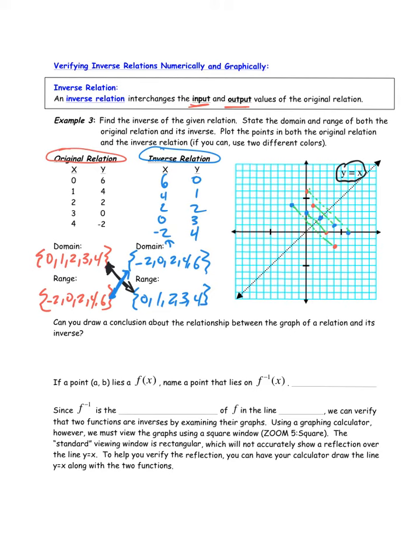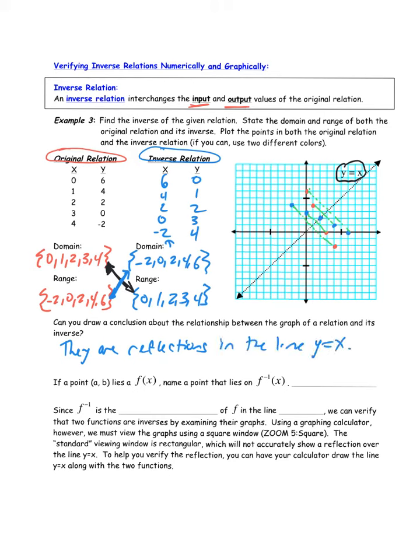That is, about the original relation, which were the red points, and the inverse relation, which are the blue points. The conclusion is that they are reflections in the line y equals x.